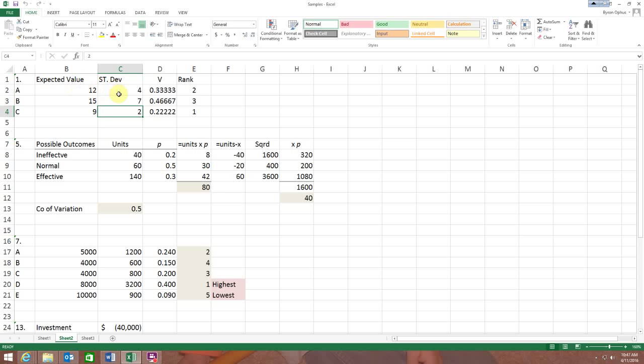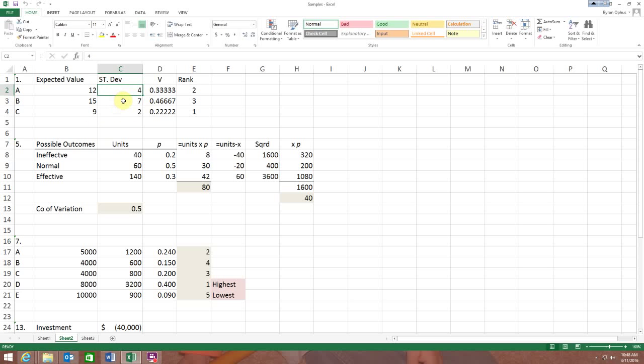And what's the standard deviation? It means how far a typical value in this set differs from the expected value. If there was a bunch of values, it's basically the average of the difference between those and the expected value. If the standard deviation were really small, that means that all of the values you come up with are pretty close to the expected value.